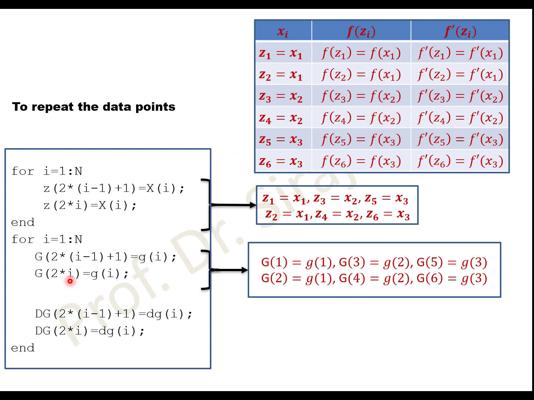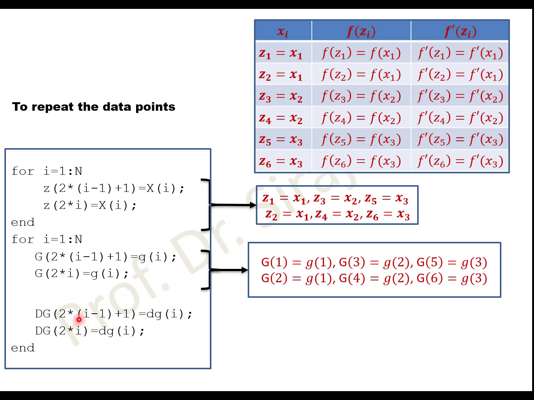And similarly, when I is equal to 3, G6 is equal to G of 3, and you can see that this is the value of the function at x is equal to x3. So these two lines will generate this complete column for you. When you are increasing the value of n, it will go accordingly.